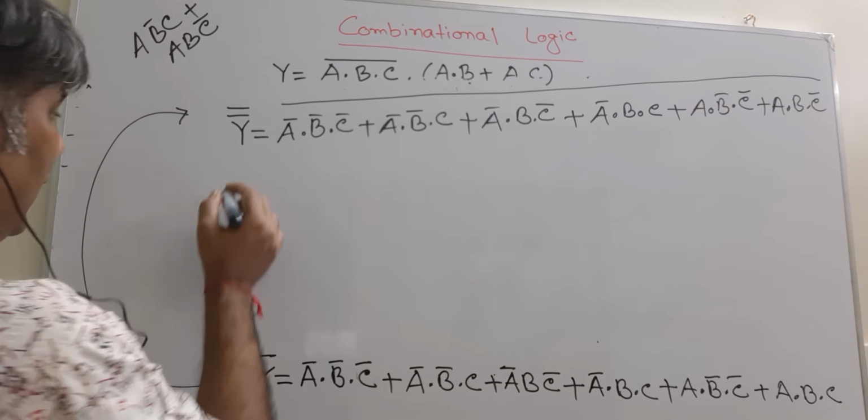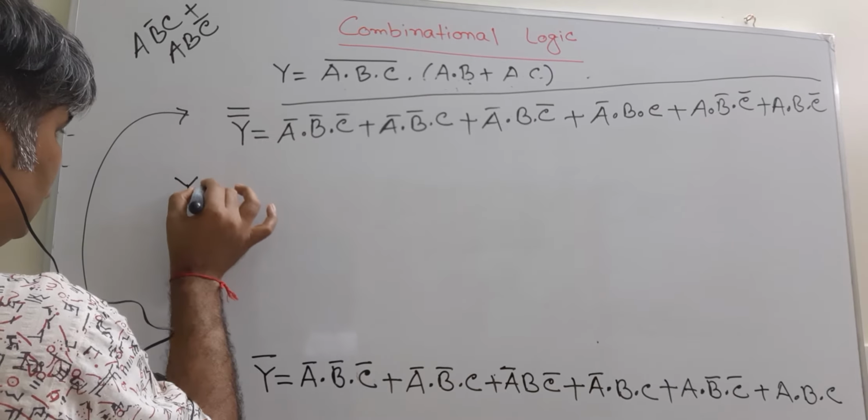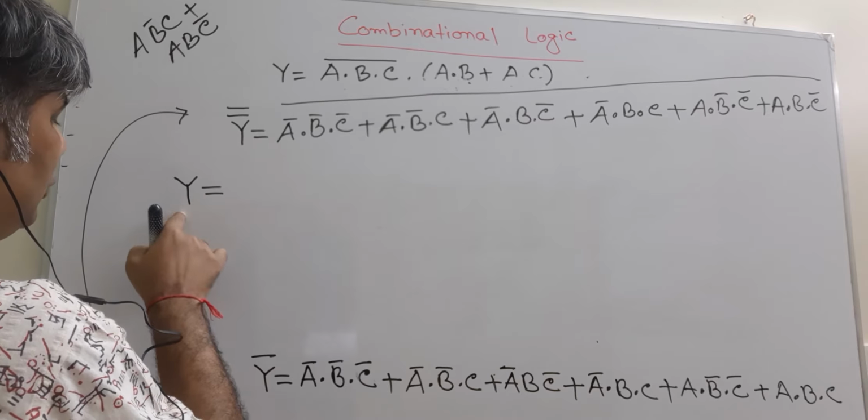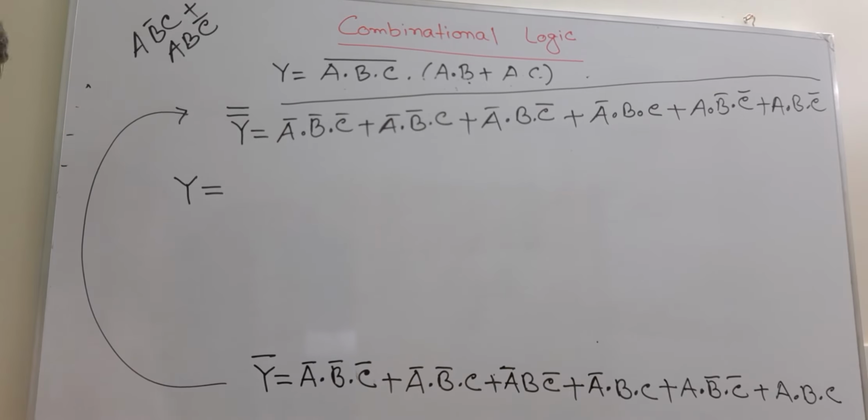The next line would be y, because you have double prime, so this gives you y. But what about this expression? How can you do this?